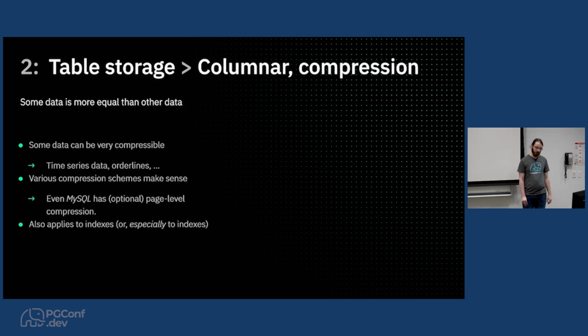Another item is table storage. We currently store basically all data uncompressed on disk, unless it is toasted, which means only variable length data is compressed. But in quite a few cases, tables contain a lot of similar data with a lot of locality on the same page. Right now, we don't have compression at all.